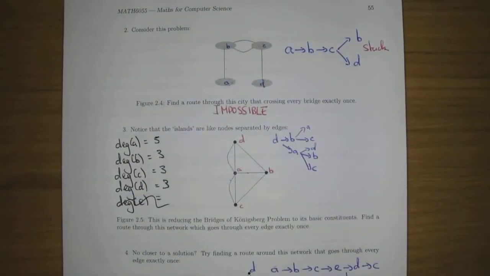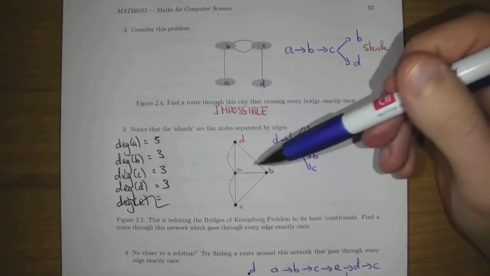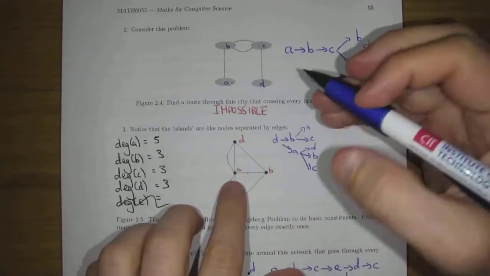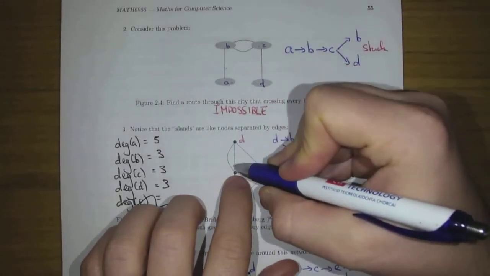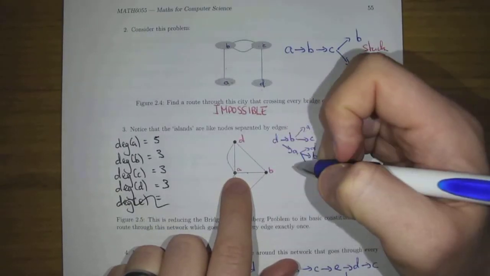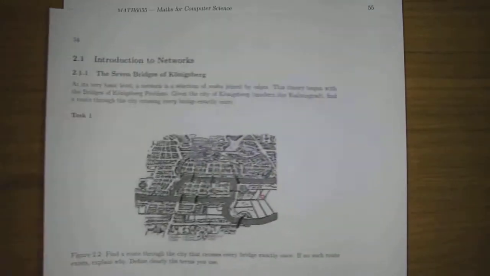So you can't actually go around every single bridge, because say you start and end at A and B, and it doesn't matter what pair you use here. You visit D, you leave it. If you come back, because there's not an even number, you can't leave it again. So we'll see it here.